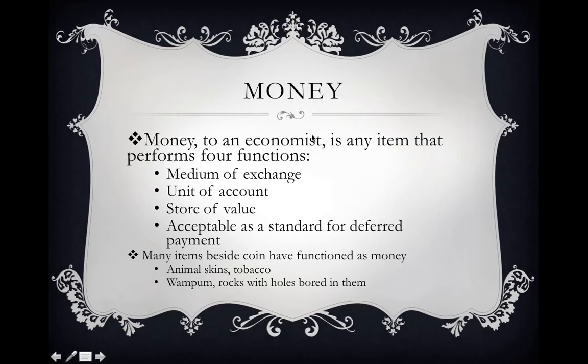Now, remember I told you previously that money to an economist has a different definition than most people think. To an economist, there are 3 or 4 different functions that must be performed in order for something to constitute money. First, it has to be a medium of exchange. Medium of exchange just means that people will accept it in exchange for goods and services.